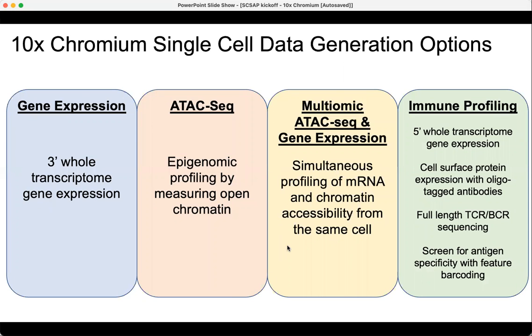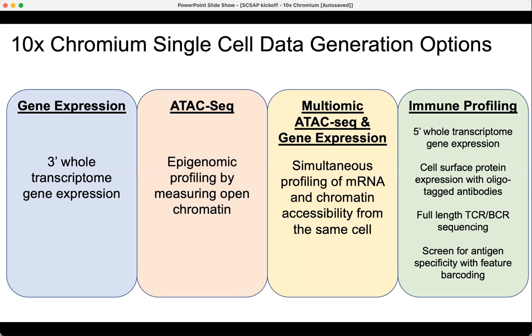With the Chromium here at U of M, we have a few different options at our disposal. We have gene expression, which is the classic method where we're doing 3' whole transcriptome profiling.